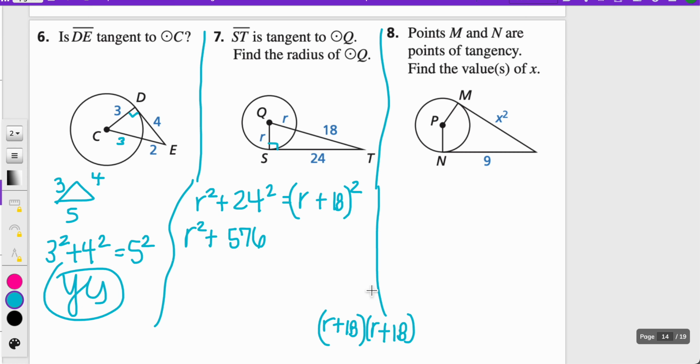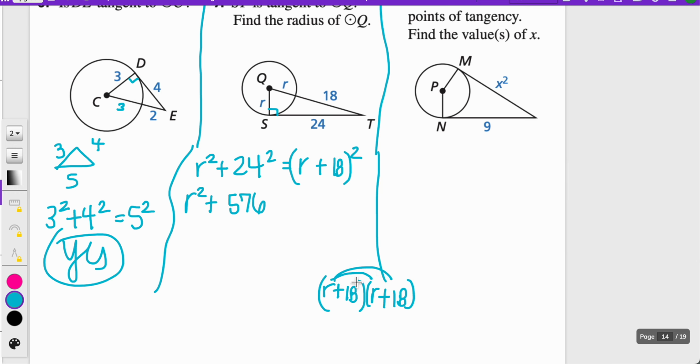Okay. When you FOIL, that's first, outer, inner, last. So r times r first is r squared, plus r times 18 is 18r, plus another 18r, and then 18 times 18 is 324. Okay, so this side will be r squared plus 36r, I'm going to go ahead and combine those r's, plus 324.